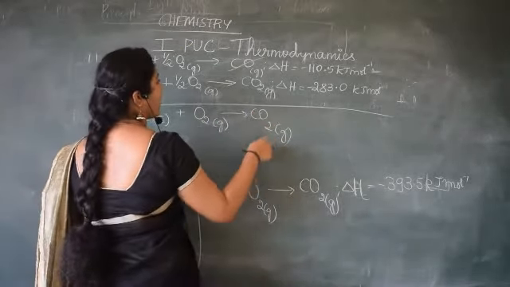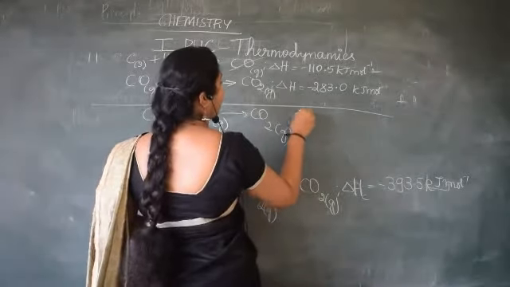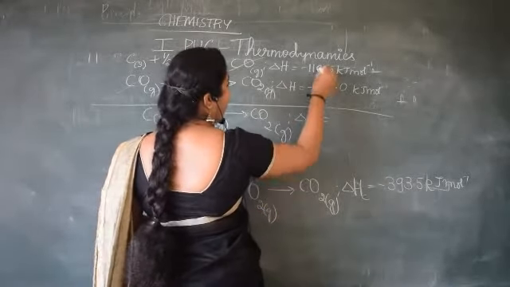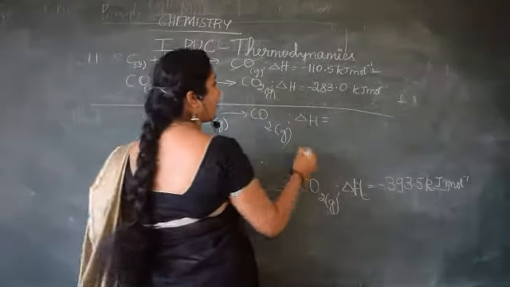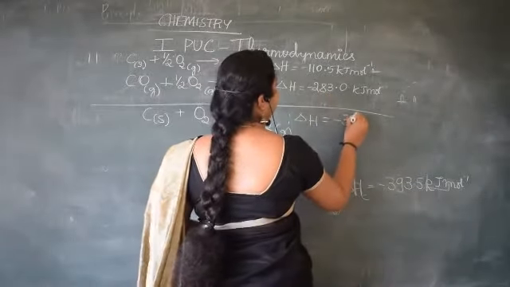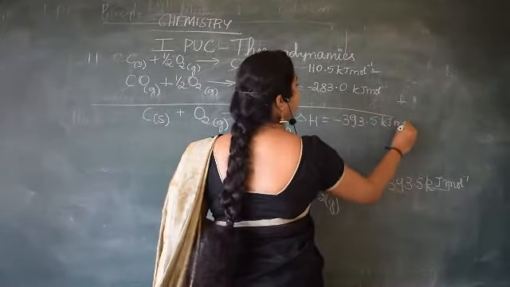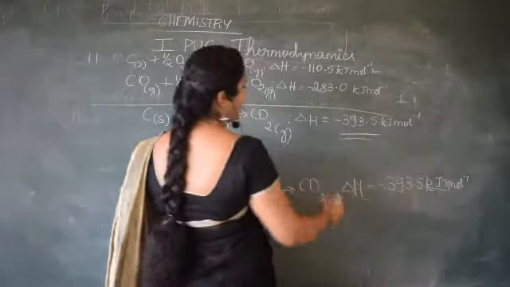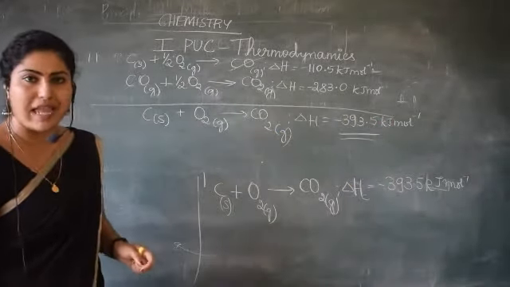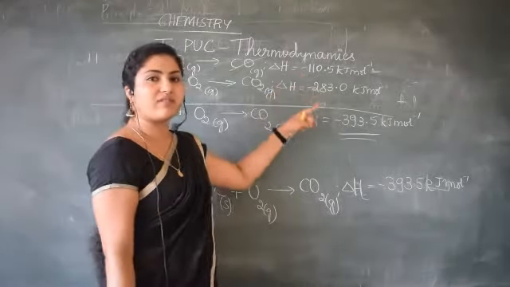See, you have got the original equation now, where delta H value is, add these two, sum of these two, you will get it as minus 393.5 kilojoule per mole.